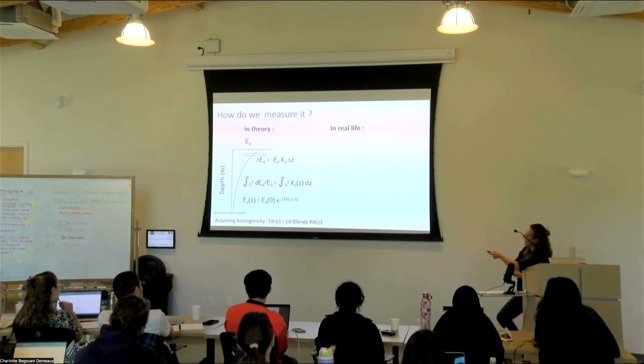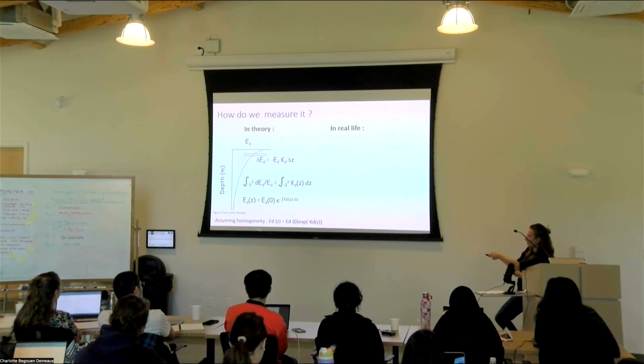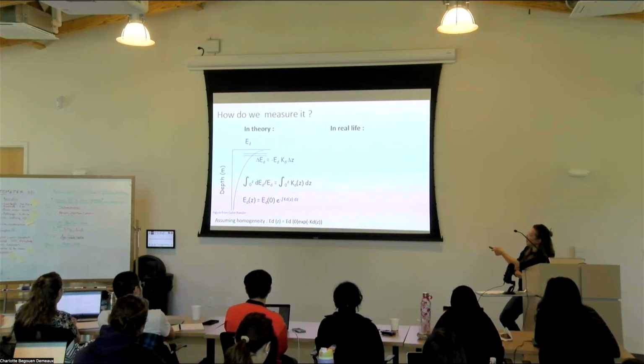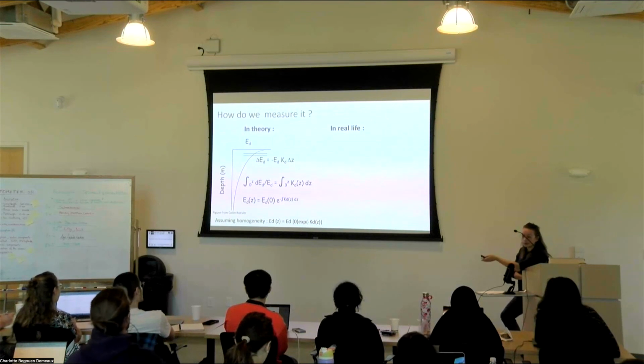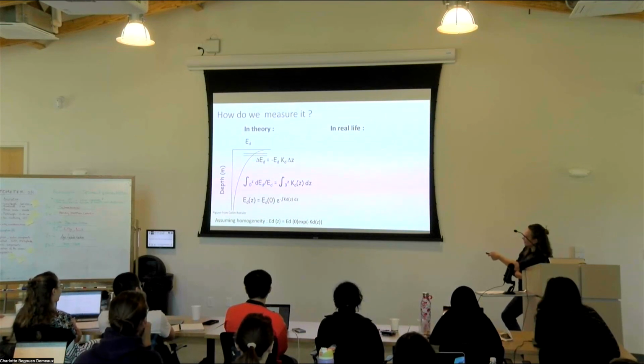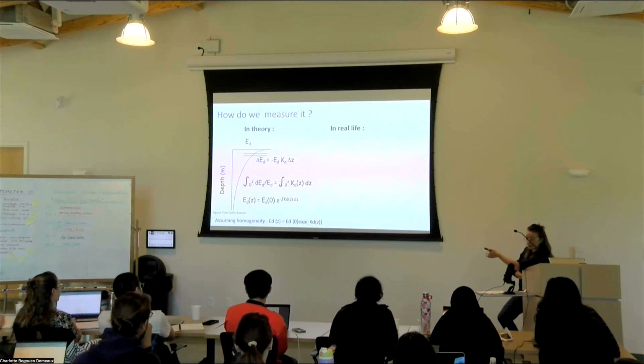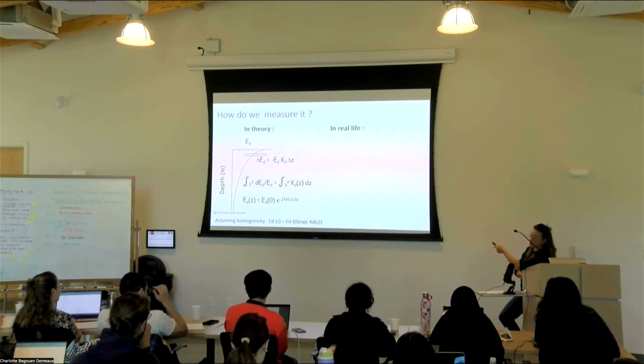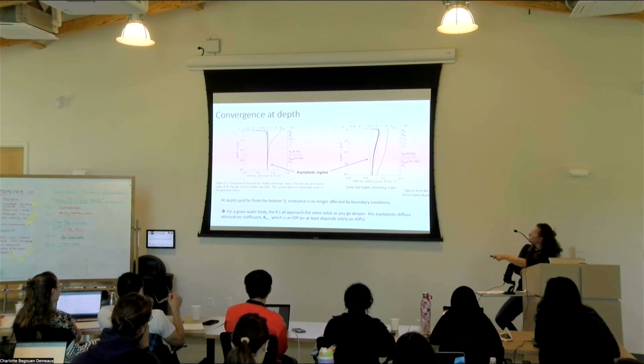Our Ks. And I just want to go over how we measure it. So in theory, you have this beautiful ED profile, and you will just calculate KD by doing the derivative of how much ED is attenuated over a given depth, so a delta Z. If you assume that KD is constant with depth, which we just saw is not quite true, right?